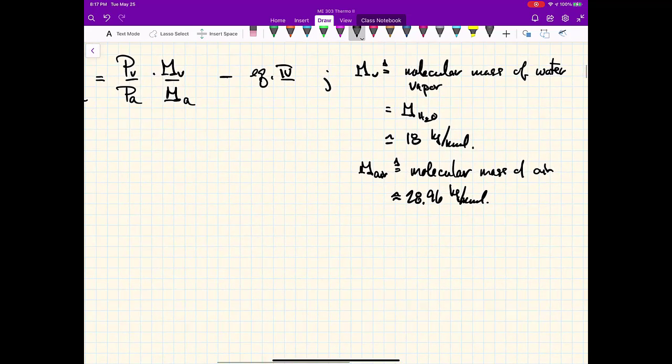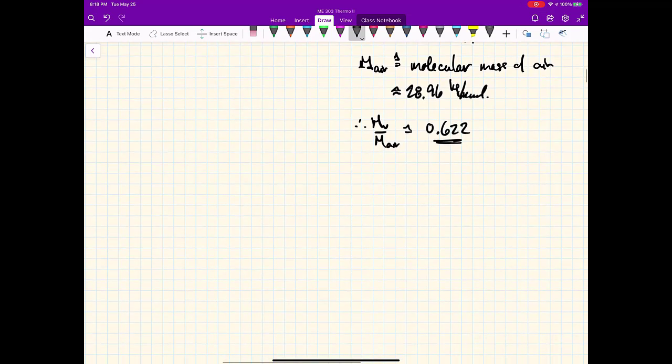Okay, so if you do m sub v over m sub a, you're going to find that you get approximately 0.622. So that's an important ratio here in our analysis.